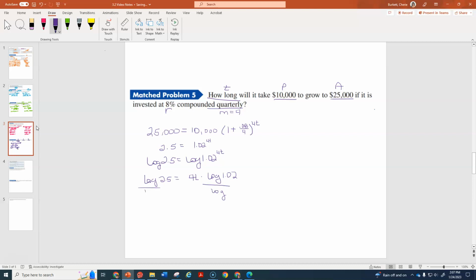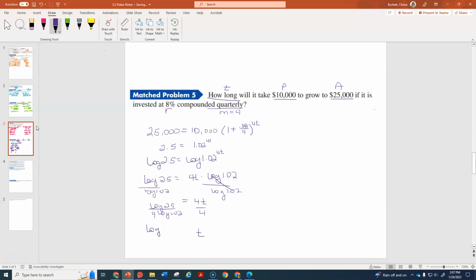So divide both sides by log 1.02. Those cancel out, and I'm left with 4t equals log 2.5 divided by log 1.02. I'm trying to get the t by itself, so I'm going to divide both sides by 4.